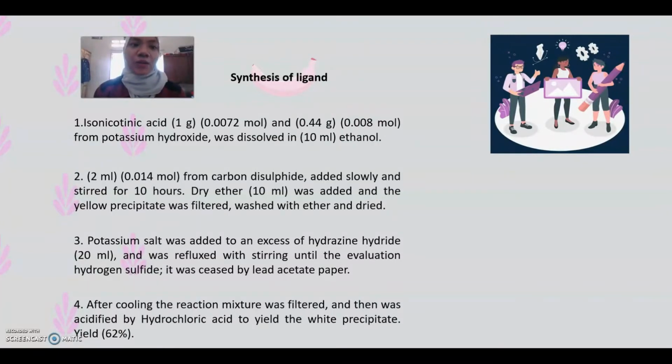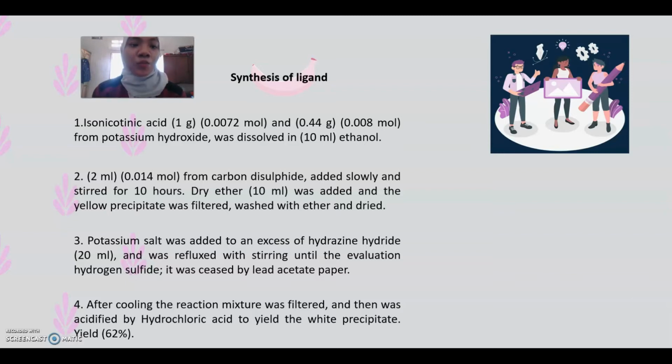Thank you, Abrar. Now I will explain about the synthesis of ligand and the synthesis of the ligand's complex. First is synthesis of ligand. The first step is isonicotinic acid with 1 gram and 0.0072 mole, and 0.44 gram with 0.008 mole of potassium hydroxide was dissolved in 10 milliliter of ethanol.